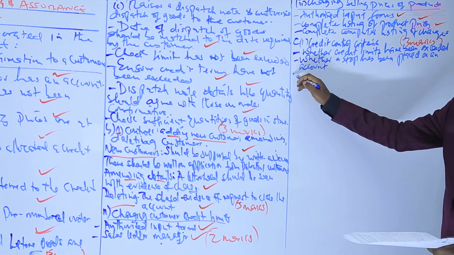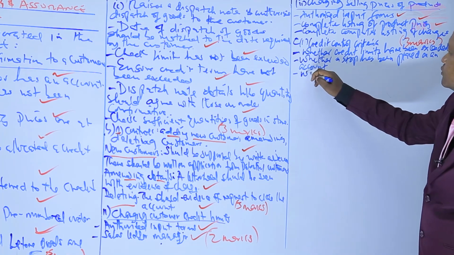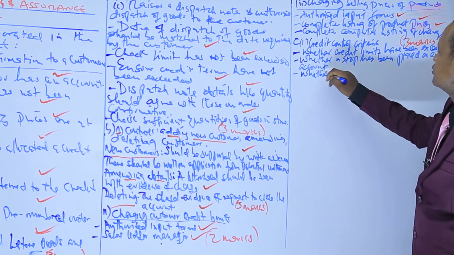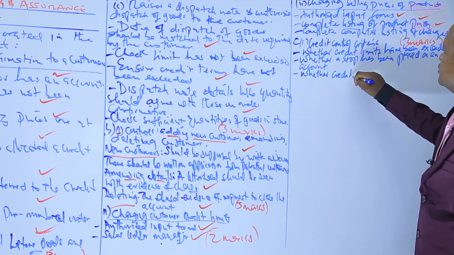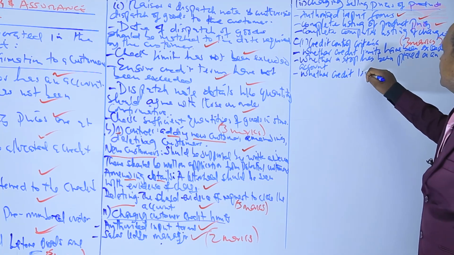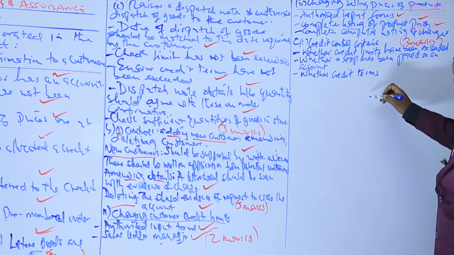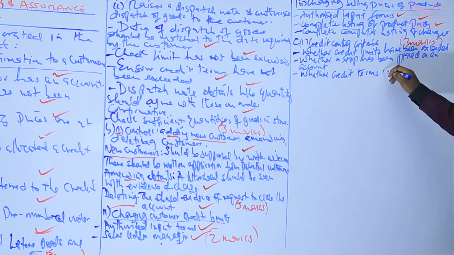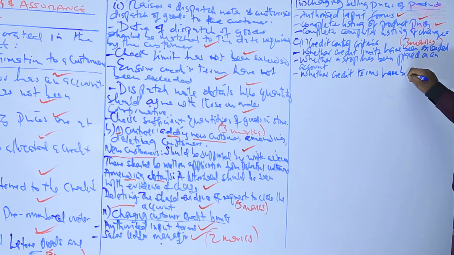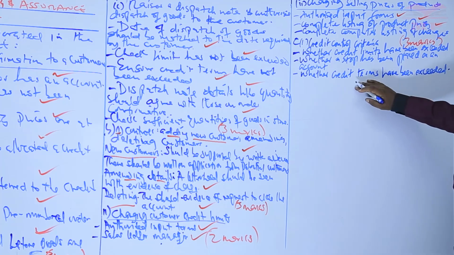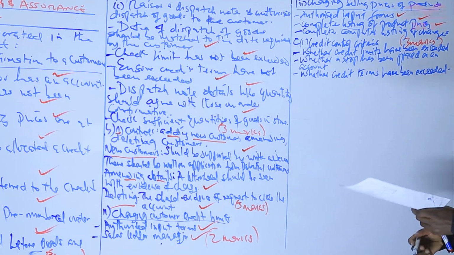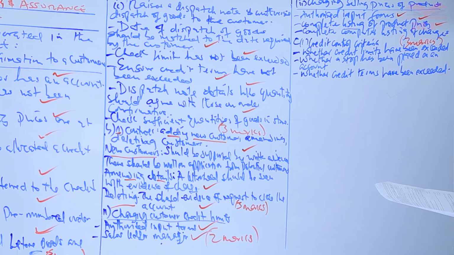Number 3, whether credit terms have been exceeded. So these are 3 credit control criteria.